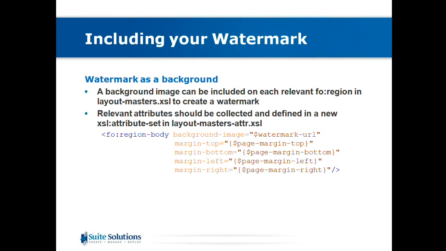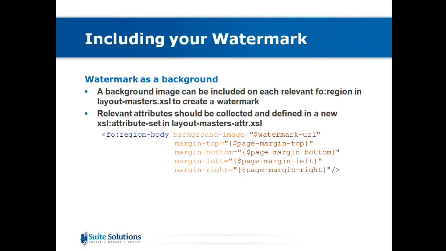So, for example, in an existing FO region body, which already has the margin top, margin bottom, margin left, margin right defined, like this, we'd be adding in a new little piece here, background image equals watermark URL, right on the FO region body, and that will make sure that it appears on every single page of whichever simple page master this is.